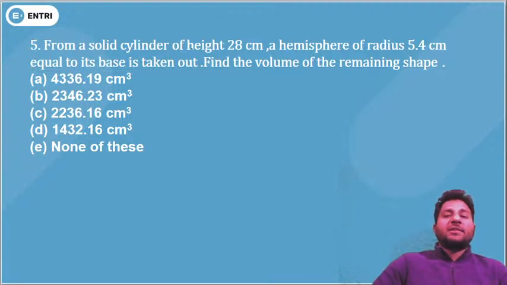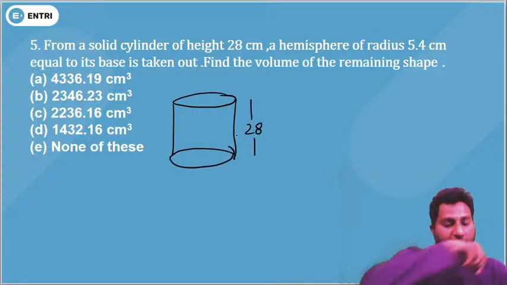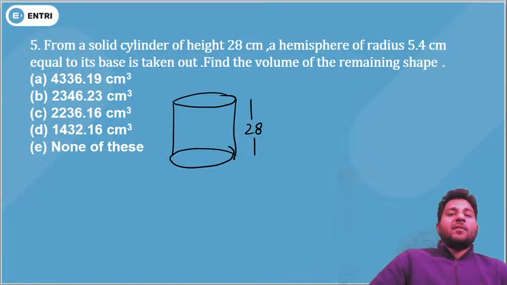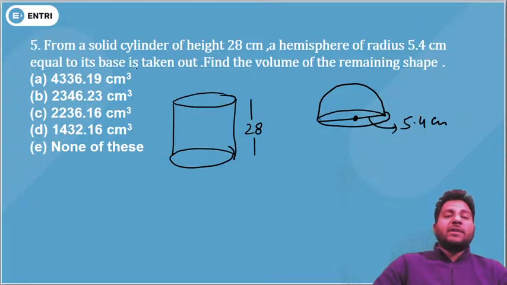From a solid cylinder of height 28 centimeter, okay, Ganesh, a hemisphere of radius 5.4 centimeter, equal to its base, is taken out.